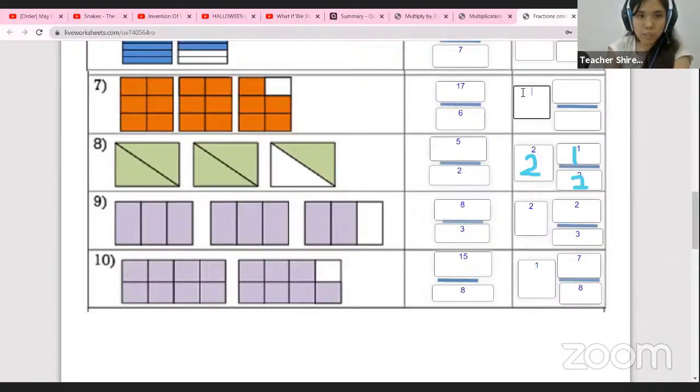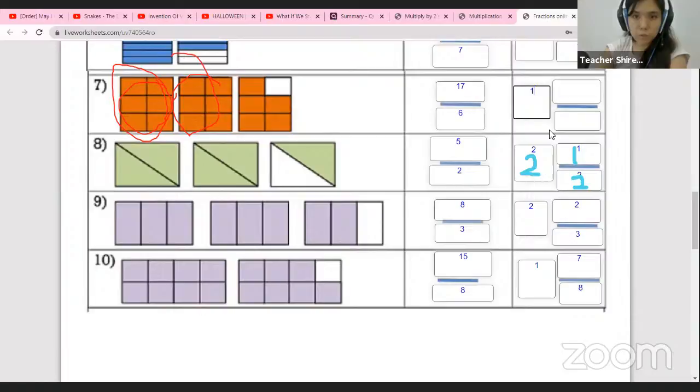What's the whole number here? Okay, can you see here is 1 and 2. So there's 2 in total.